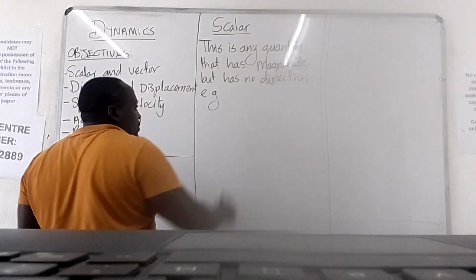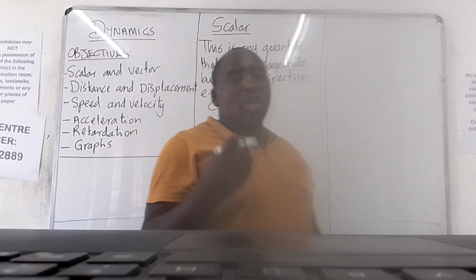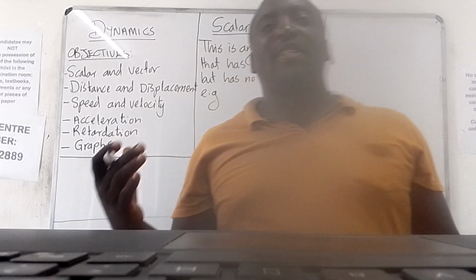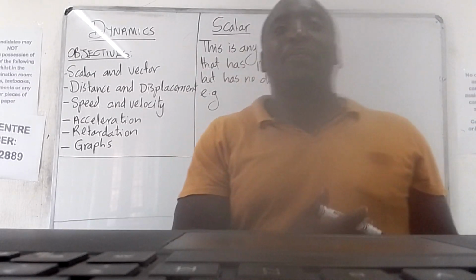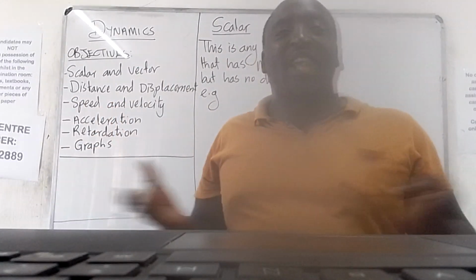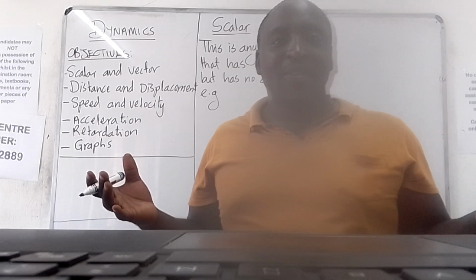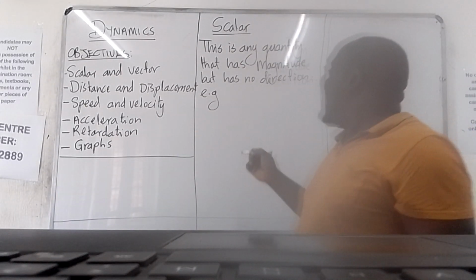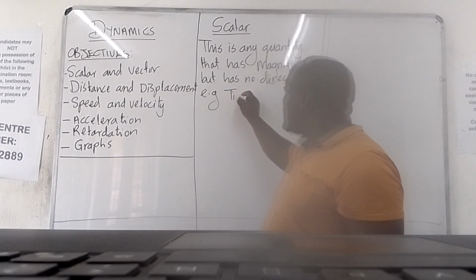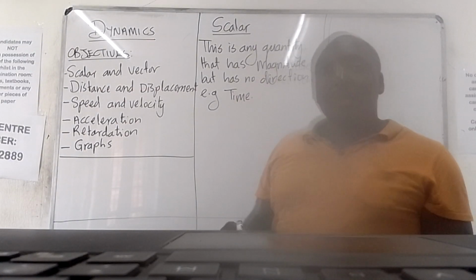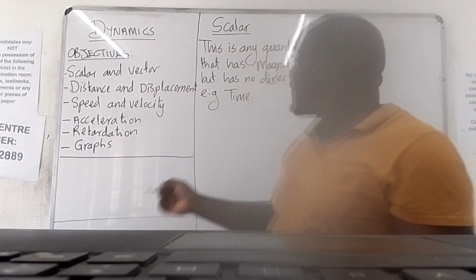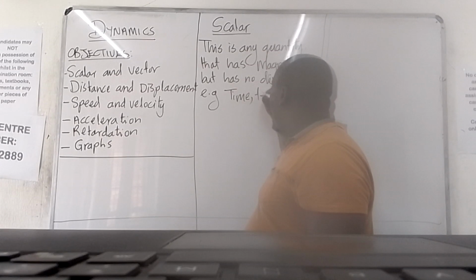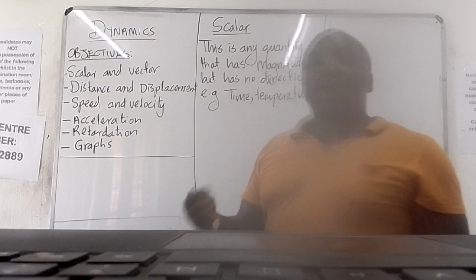For example, we have so many quantities that have magnitude but you can't specify direction, such as time. Time does not have direction. Besides time, we have temperature. These are scalar quantities.